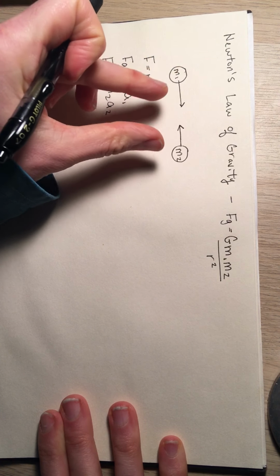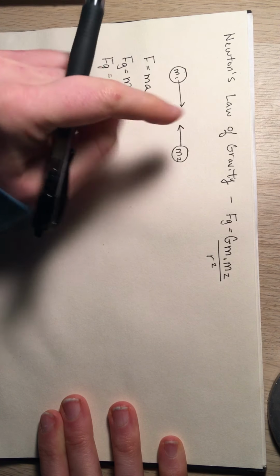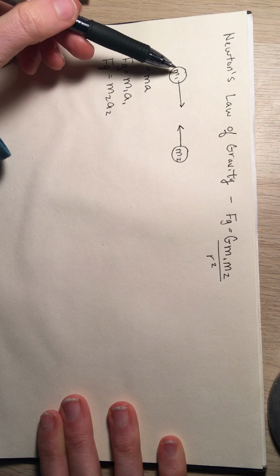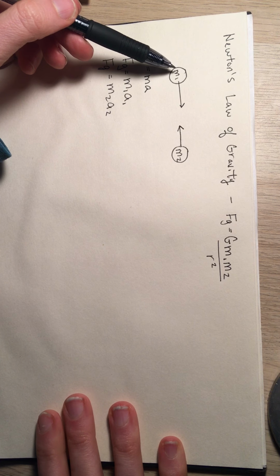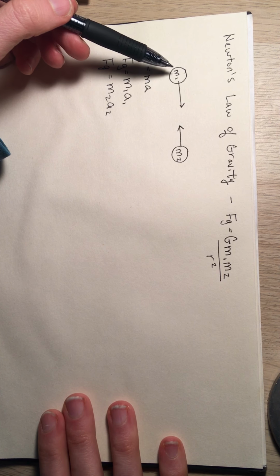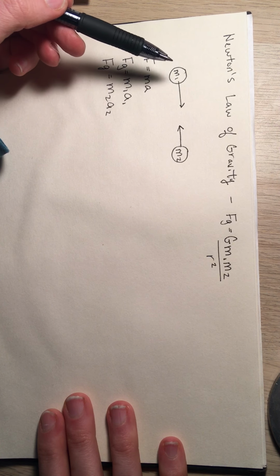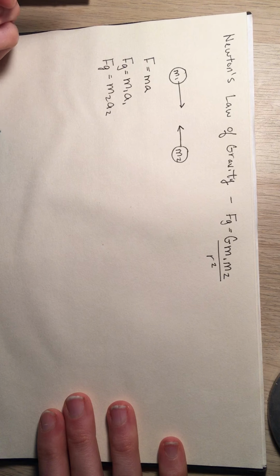These would be moving towards one another, but they would not be moving at the same acceleration. If there was one object that was significantly larger than the other, like say the sun in the Sun-Earth system, then the sun would be moving, but at a much smaller rate than the Earth would be moving.